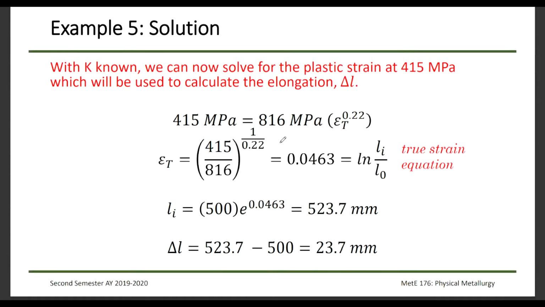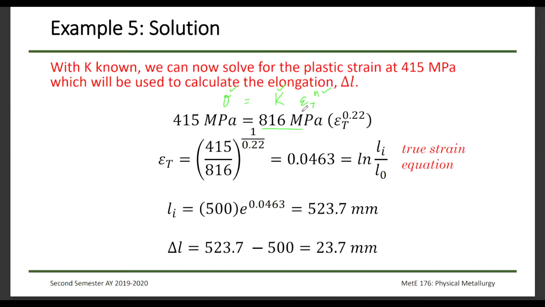With K already known, we can now solve for the plastic strain at 415 megapascals. No? So we already know K. Input natin siya dito. So if I were to write the equation, sigma is equal to K multiplied by epsilon raised to the power of N. Okay? So this is known. Sigma is known. K is known.